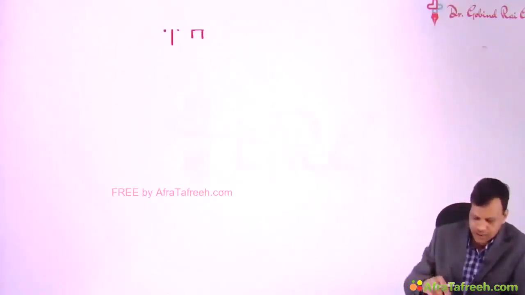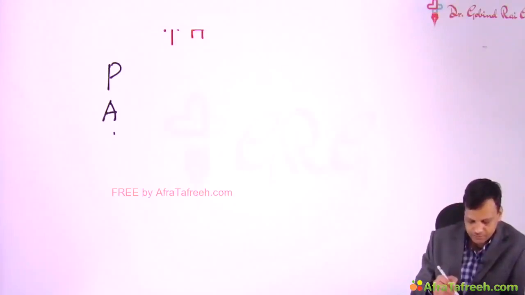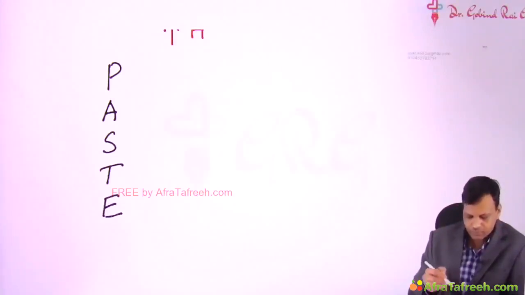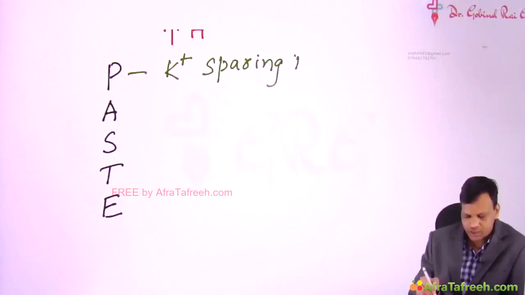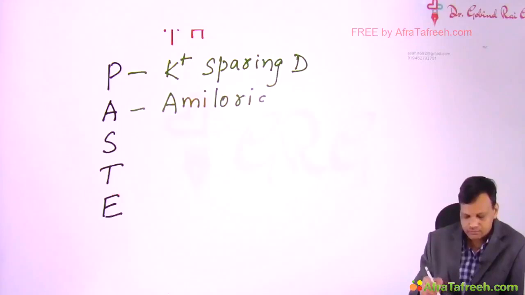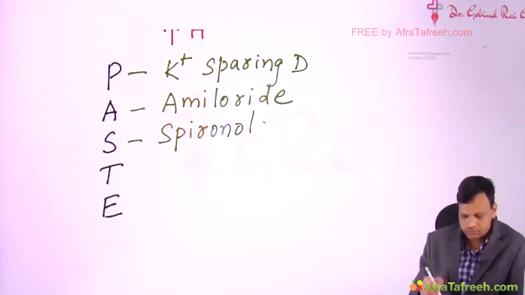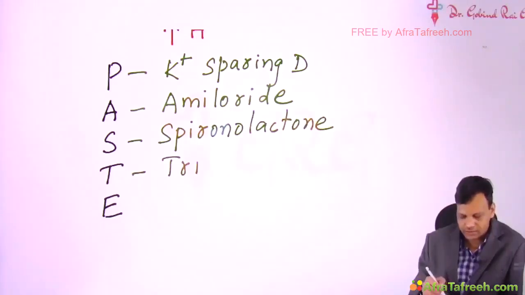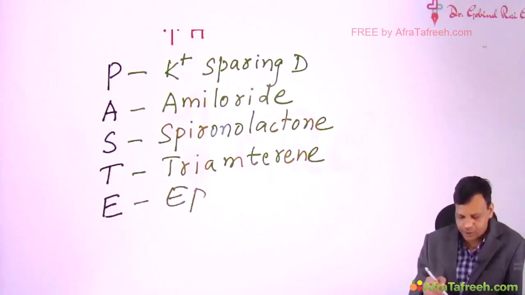And the names of the drugs you can remember from the mnemonic PAST. Potassium sparing diuretics are P for potassium, A for amiloride, S for spironolactone, T for triamterene, and E for eplerenone.